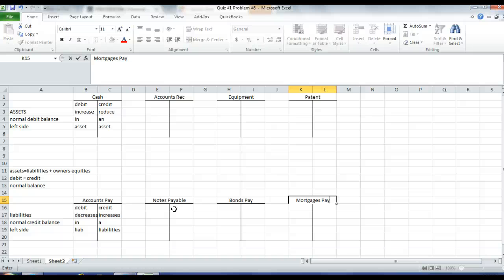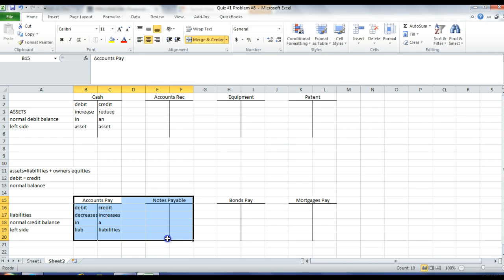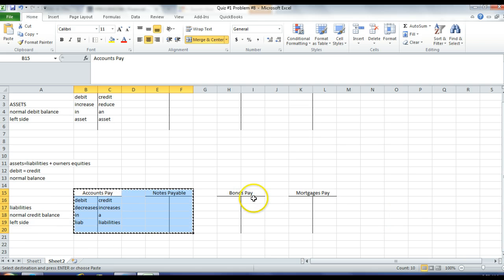It's the exact opposite of an asset. With an asset, to increase, we're going to debit it. To decrease, we'll credit. With a liability, it's the opposite. To increase, we will credit. To decrease, we will debit. The same is true for stockholders' equity.